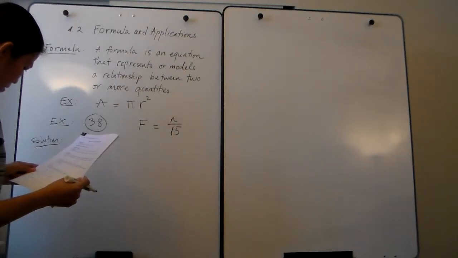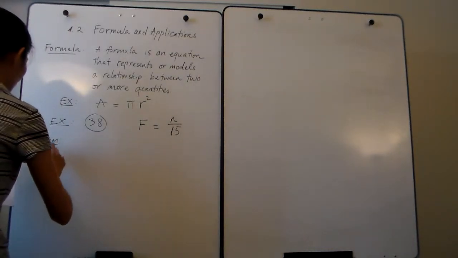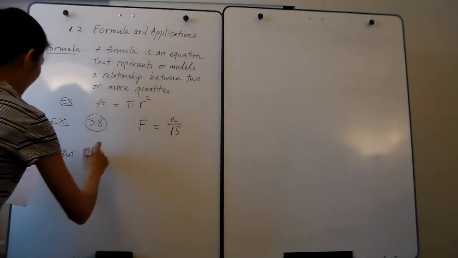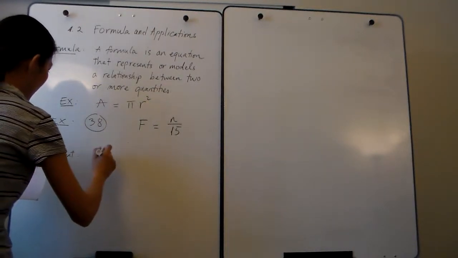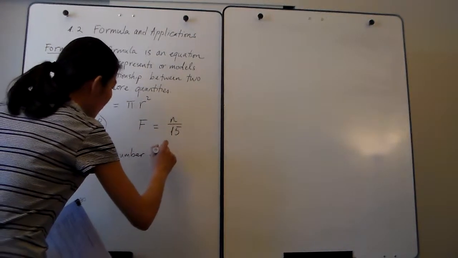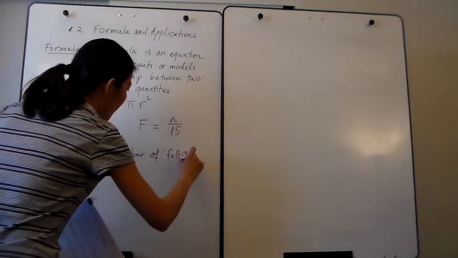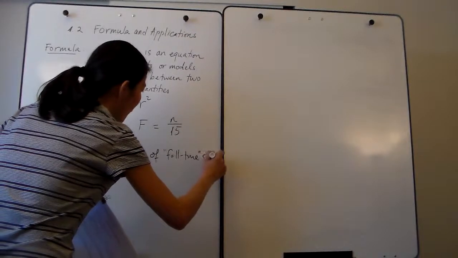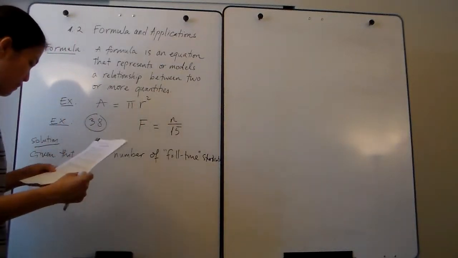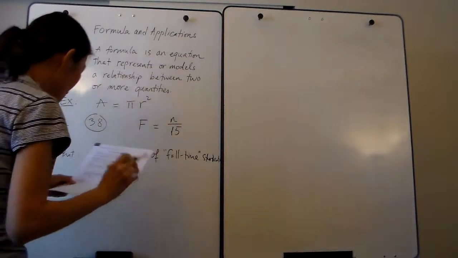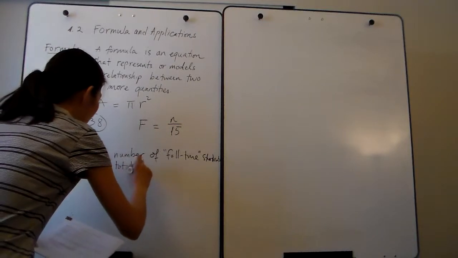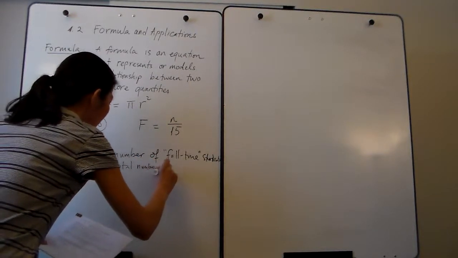So first, the solution is, we're given that F is the number of full-time equivalent students and N is the total number of credits students enroll in for a given semester.